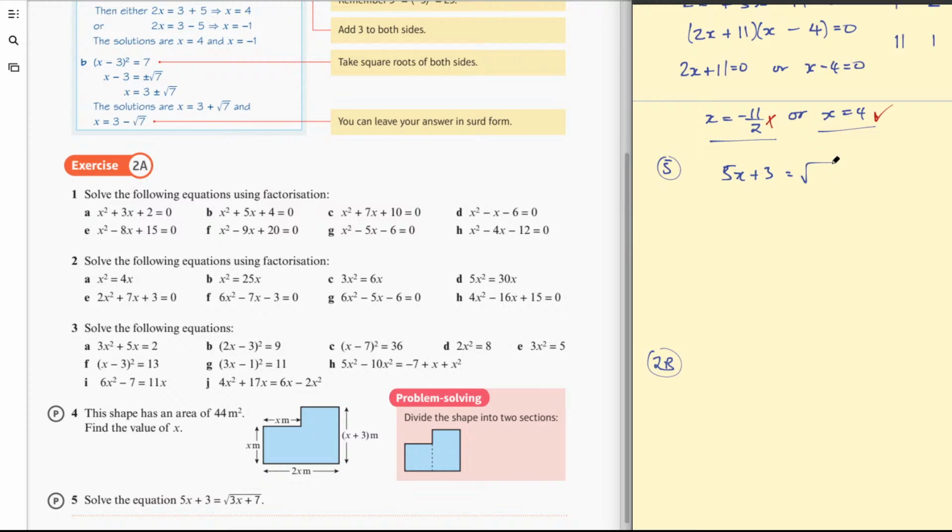So what I would do is square both sides. So 5x plus 3 all squared equal to 3x plus 7. I think that's probably the best place to start.